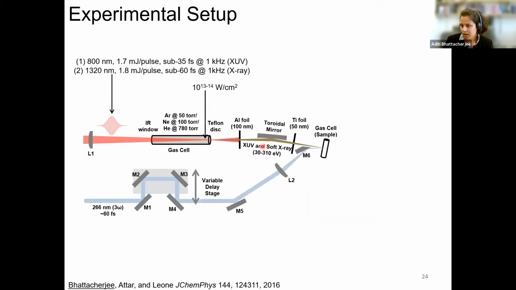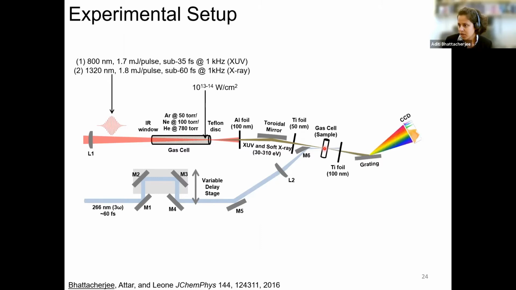In a parallel arm, we bring in a 266 nanometer pulse, generated as the third harmonic of the titanium sapphire laser, routed by a variable delay stage that controls the pump probe time delay. This is then overlapped onto the same gas cell, which contains a 200 micron hole through which the vapors are made to flow, at a very shallow crossing angle of 1 degree or so.